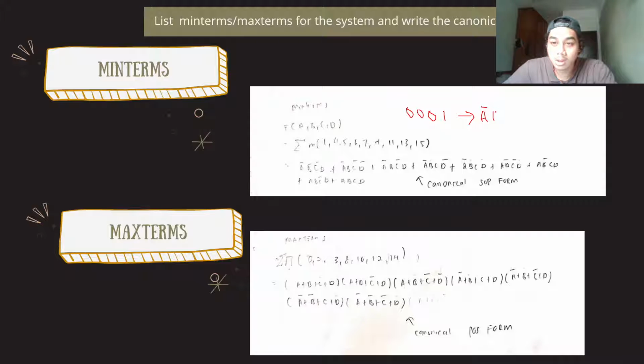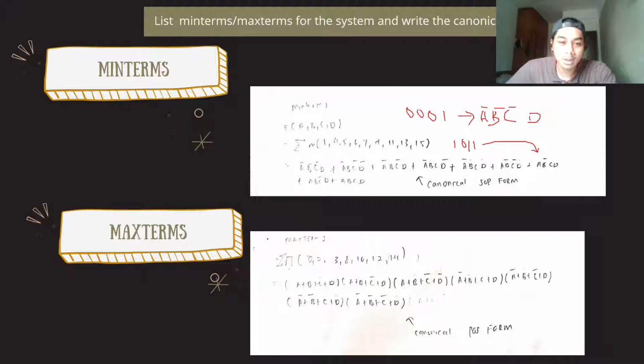So that is how we get A bar, B bar, C bar, D. Another example, if we take 11, it is 1, 0, 1, 1. So the output is A, B bar because it is 0, C, D.